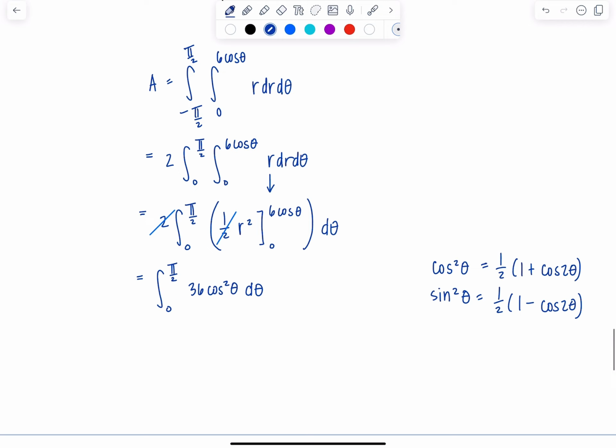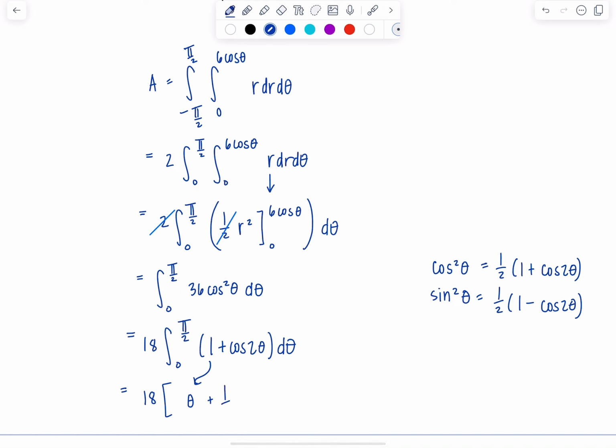So 36 times 1/2, I'm going to just pull an 18 out here, 0 to pi over 2, and then I have 1 plus cosine 2 theta, d theta. We can do this. Antiderivative of 1 is just theta. Antiderivative of cosine 2 theta is going to be plus 1/2 sine 2 theta, 1/2 because of the 2 in front of the theta, from 0 to pi over 2.